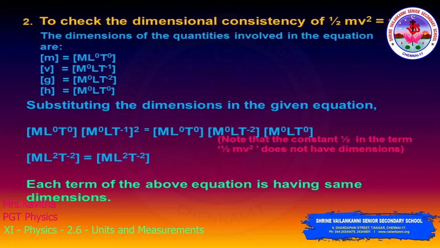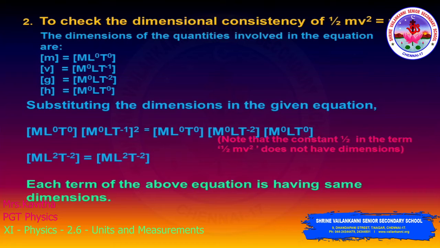Substituting these into the formula, we get M L0 T0 into v square, which is M0 L T power minus 1 whole square, equal to the right-hand side: M L power 0 T power 0, M0 L T power minus 2, M0 L T power 0 for h.